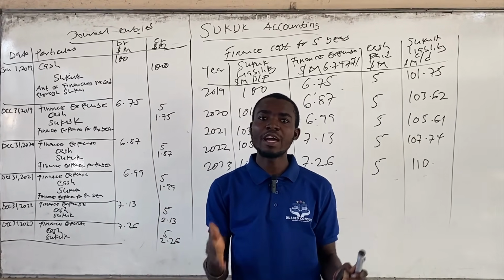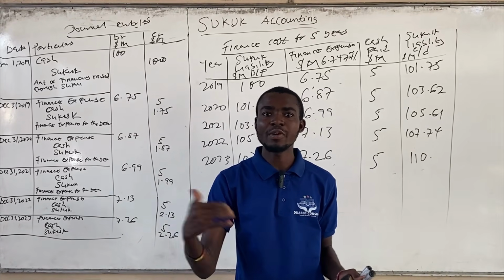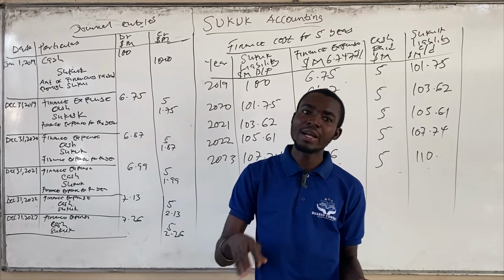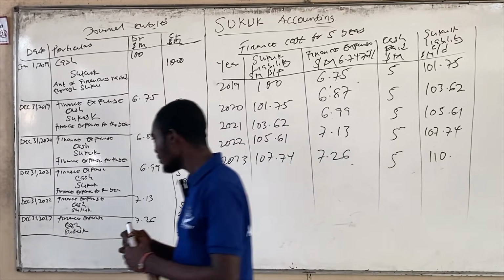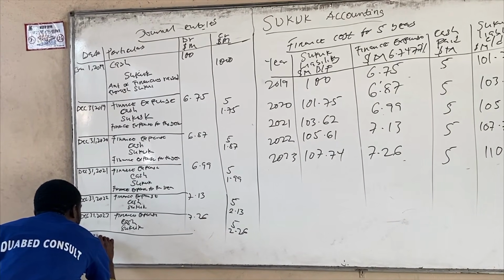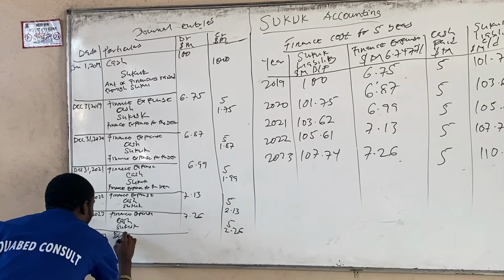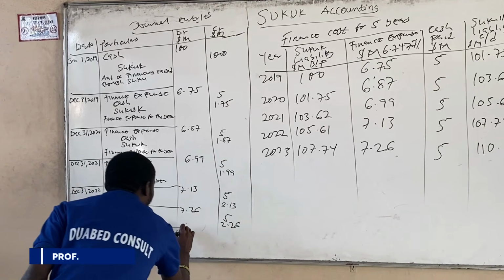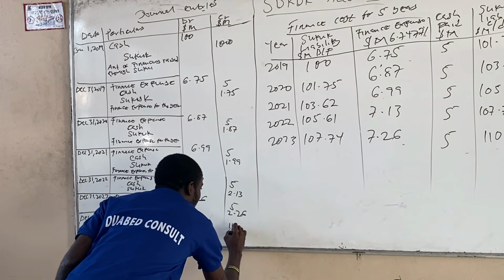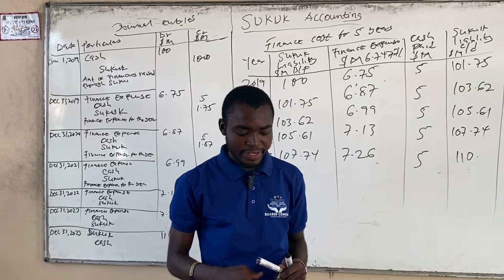And we all know that for liabilities, they have a credit balance. So whenever you want to cancel or reduce your liability, you debit it. So the double entry will be you will debit Sukuk 110, and then credit cash 110. After that, you write your narration as redemption of Sukuk.